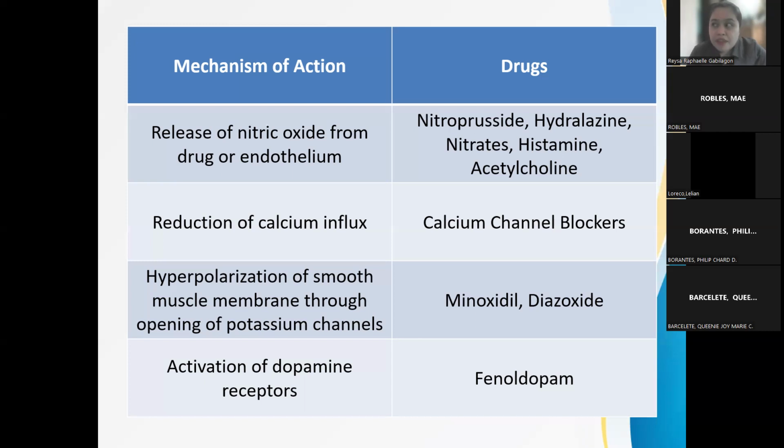When nitric oxide increases, the blood vessel automatically dilates. I mean the substance nitric oxide will automatically dilate the blood vessel. That is why it is called a direct vasodilator.